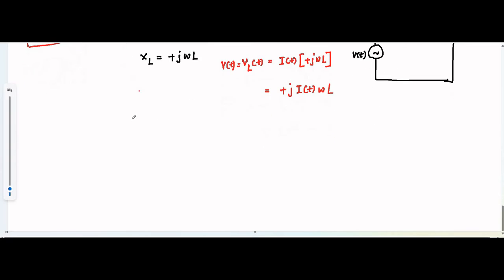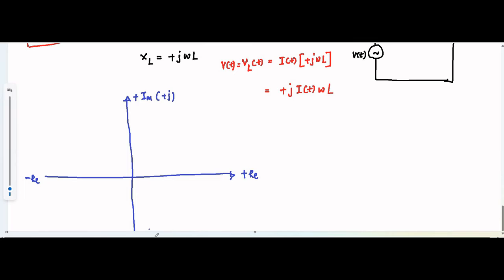Okay, so we know that if we draw the complex number axis like this, this is the positive real axis, this is the negative real axis, this is the positive imaginary axis or plus j axis, this is the negative imaginary axis or minus j axis.